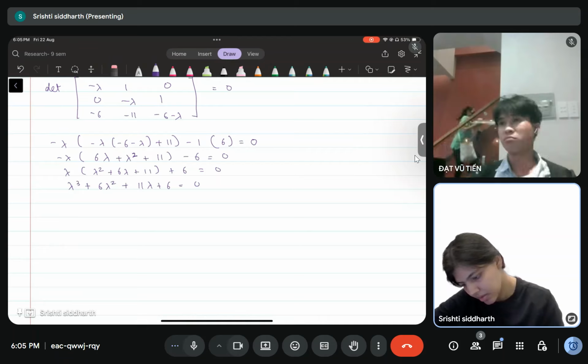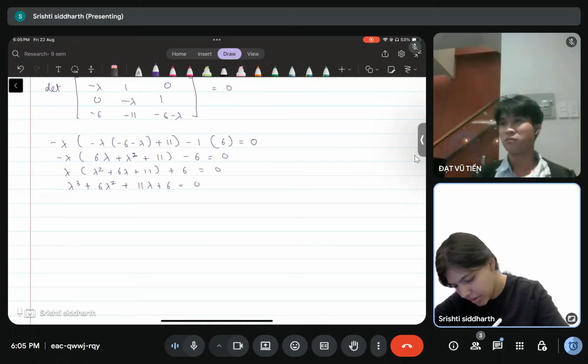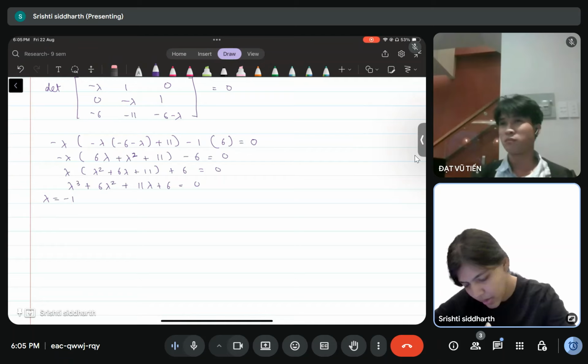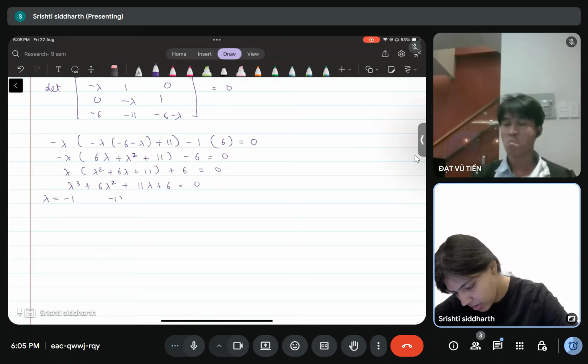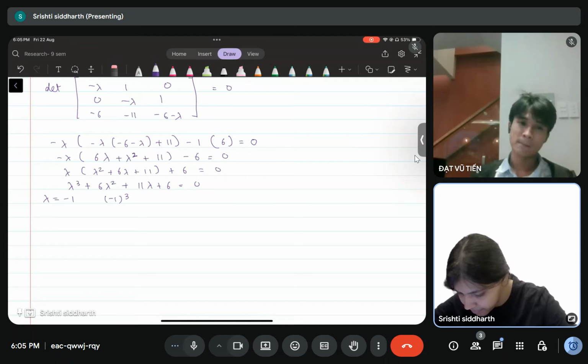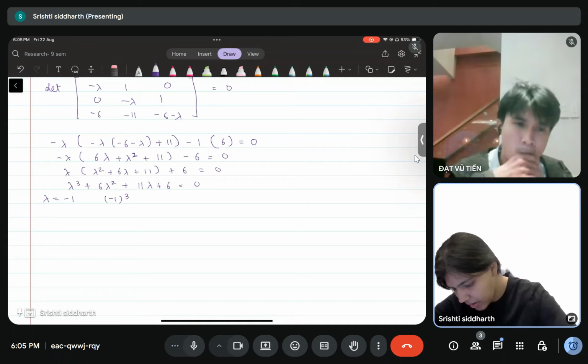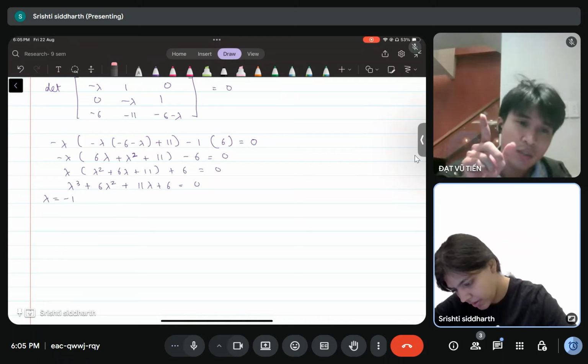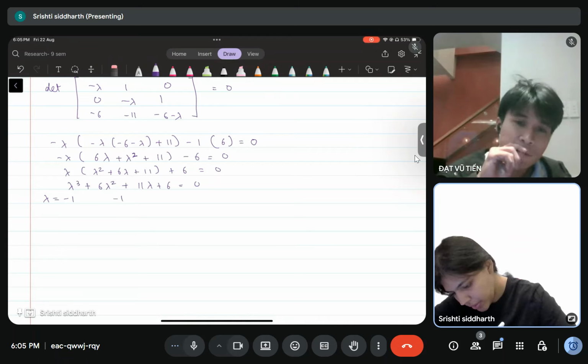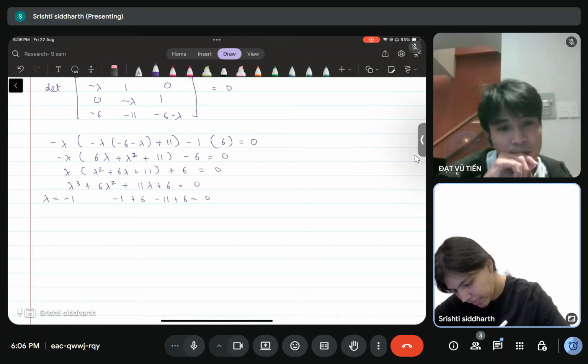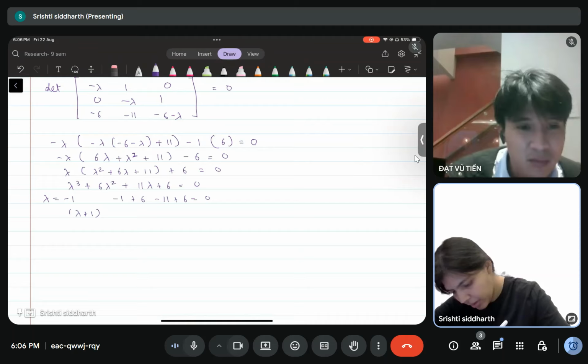This is lambda square plus 6 lambda plus 11 plus this equals 0. So let's see what the roots of this equation are. Let's check if lambda equals minus 1 is true. So you can just put this common and figure out the rest of it.